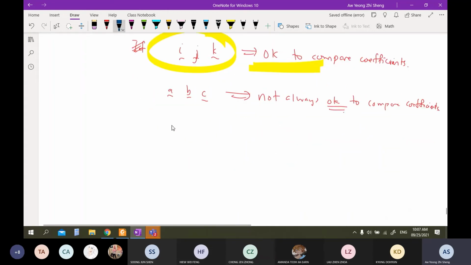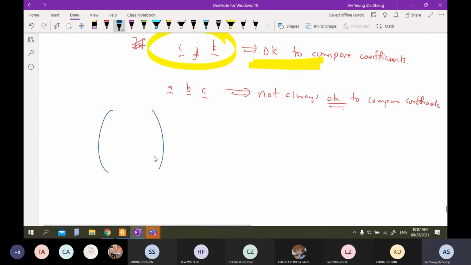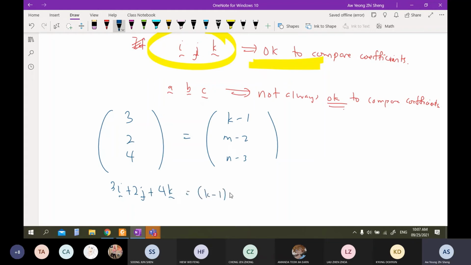So if you are given, let's say, the column vector (3, 2, 4) is equal to, let's say, (k minus 1, m minus 2, n minus 3), then it's actually okay to compare coefficients, because what we effectively have here is 3i plus 2j plus 4k equals (k minus 1)i plus (m minus 2)j plus (n minus 3)k.